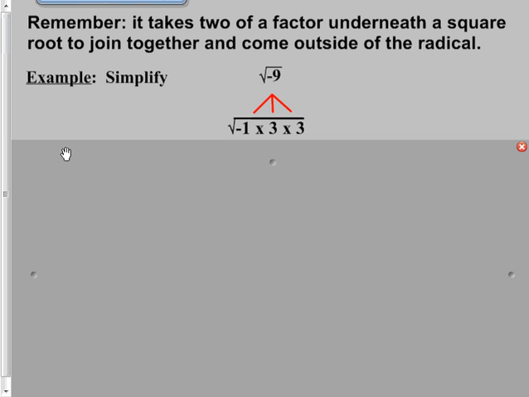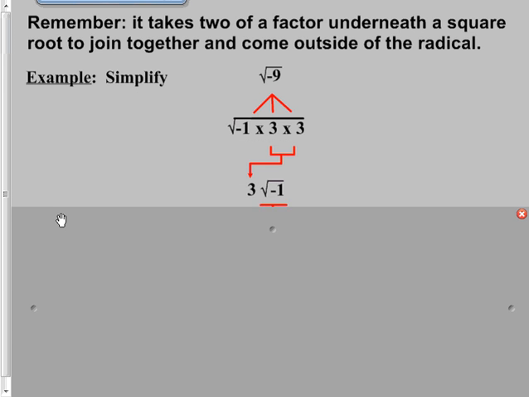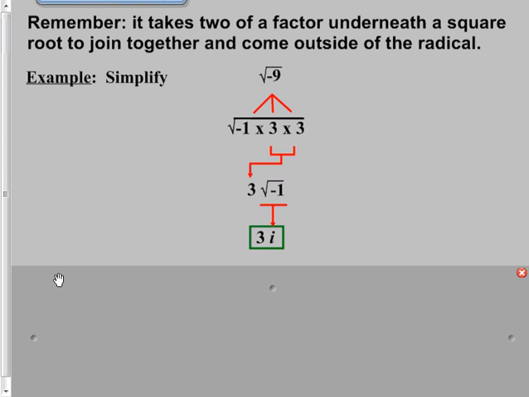Well, we have a value that is assigned to the square root of -1, and that value is i. So the 3 gets to come outside. The square root of -1 is left, but that translates into i. So the square root of -9 simplified is 3i.